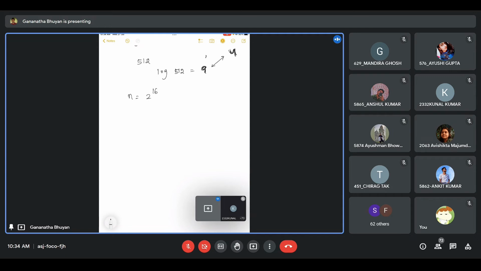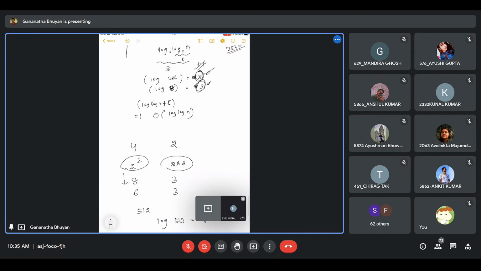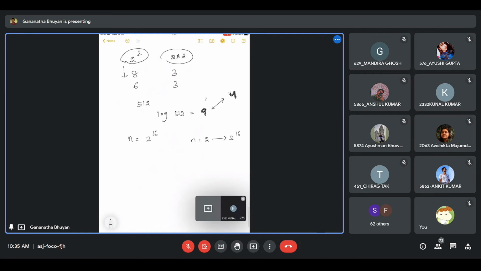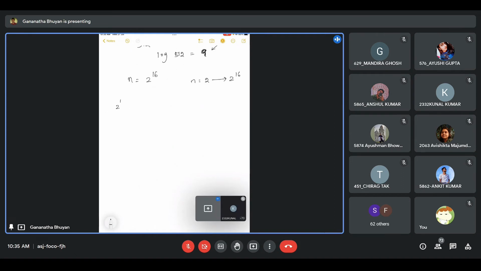Then how many steps will it take to reach from 1 to n equal to 2 to the 16? How many steps? Tell me. To reach 2 to the 8, we are taking 3 steps. Similarly, 2 to the 1, 2 to the 2, 2 to the 3, 2 to the 4, 2 to the 5. No, it is not coming like this, sorry, that was wrong.